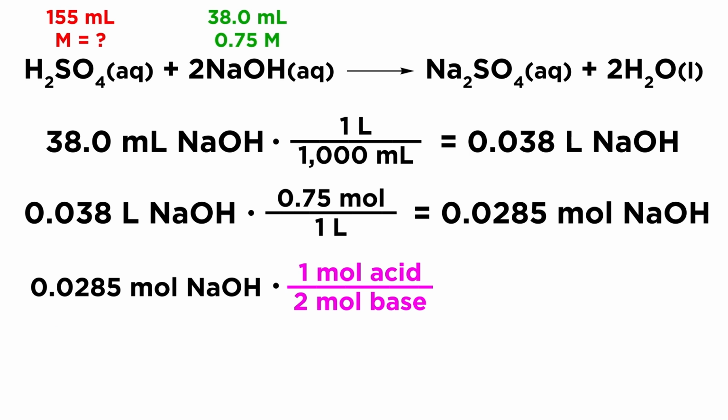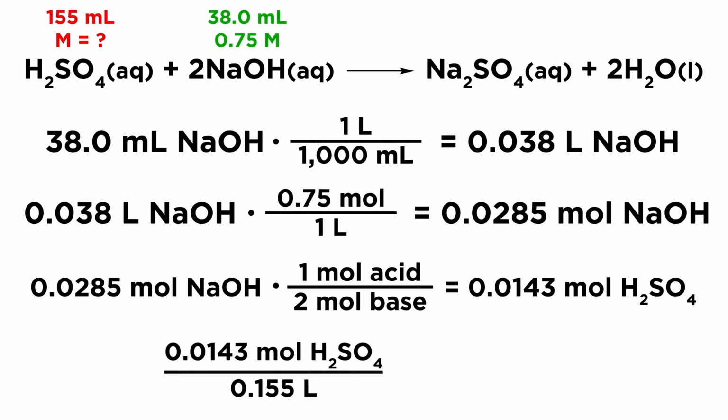This means we have to cut this many moles of base in half to get the moles of acid that it reacted with, which we achieve using this conversion factor to give 0.0143 moles of acid. Then we know that we began with 155 milliliters of sulfuric acid, which we can convert to liters. So let's divide our moles of acid by 0.155 liters, and we get 0.092 molar sulfuric acid.